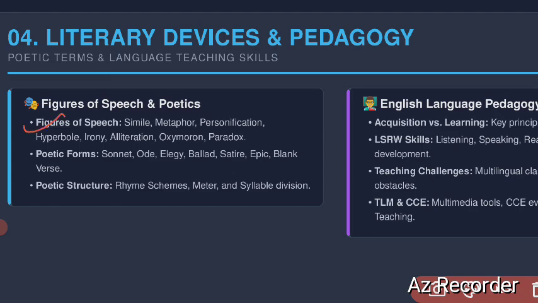In figures of speech, you have to study simile, metaphor, personification, hyperbole, irony, alliteration, oxymoron, and paradox. Some poetic forms like sonnet, ode, elegy, ballad, satire, epic, and blank verse. And also keep your understanding of poetic structure, rhyme scheme, meter, and syllable division.